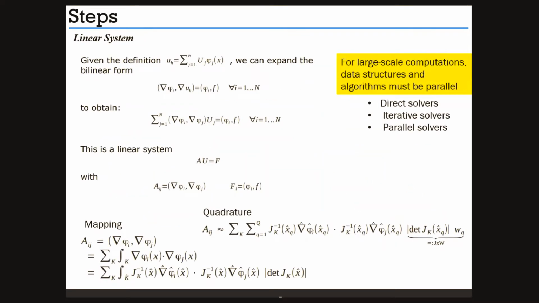So for solving this type of equations, there would be various types of solvers like direct solvers, iterative solvers, or parallel solvers. Actually, these types of solving are quite large in scale.